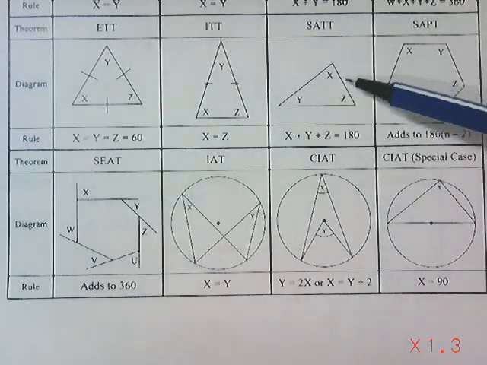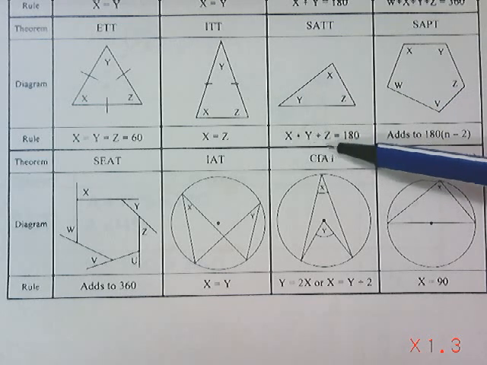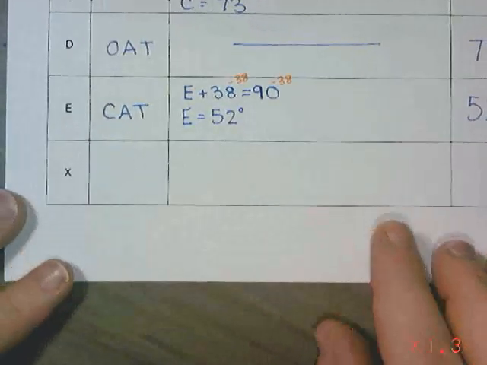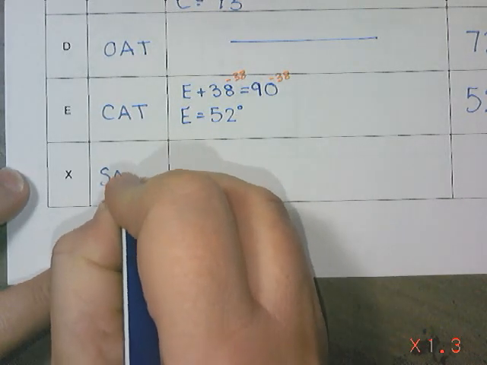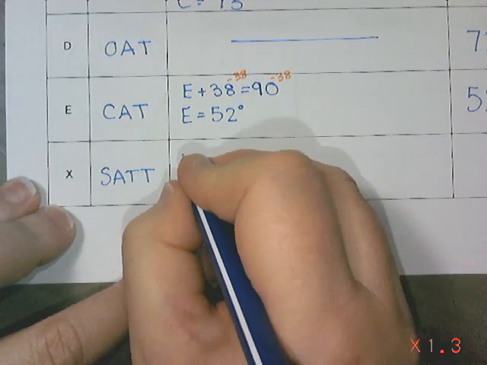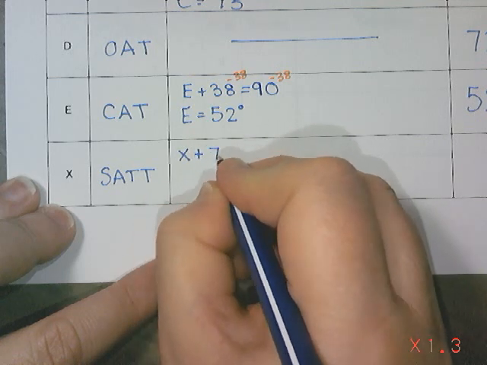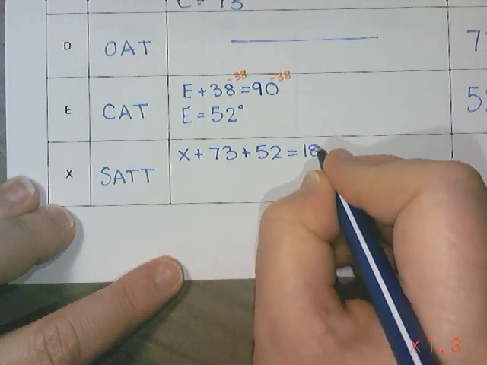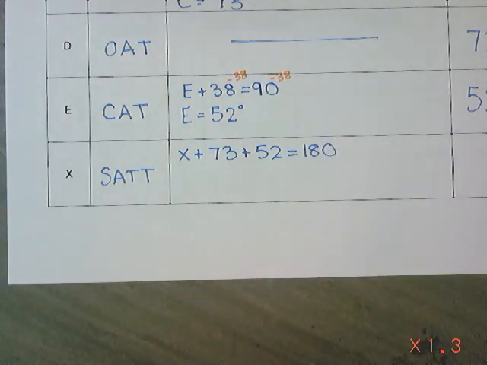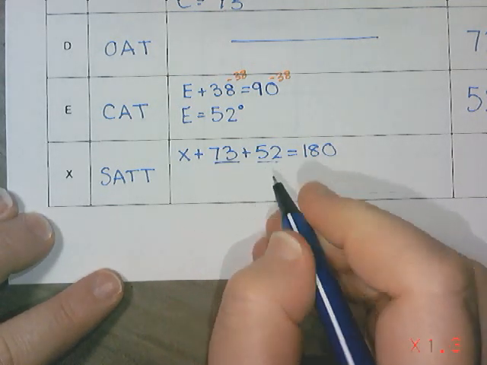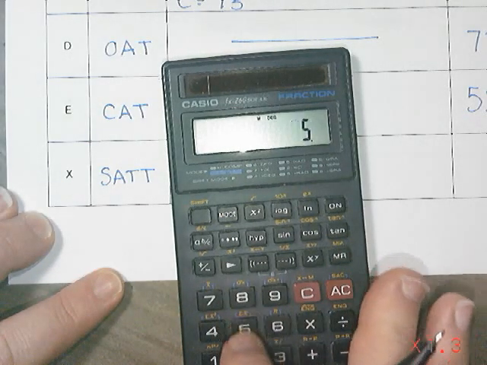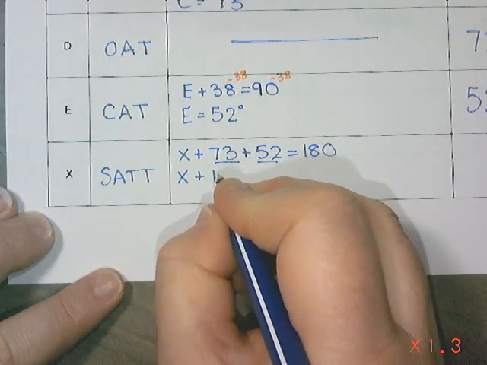And then this one is just a triangle without any tick marks, and it says that the three angles should add to 180 degrees. That is SATT, or the sum of the angles in a triangle theorem. So I'm going to use SATT, which says that X, D, which is 73, and E, which is 52, should all add to 180 degrees. I would collect the like terms of 73 and 52, which is 125.